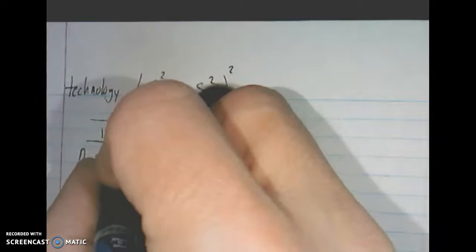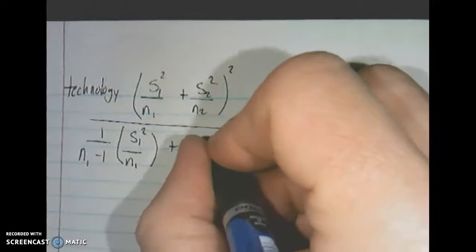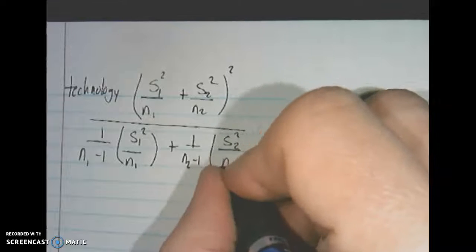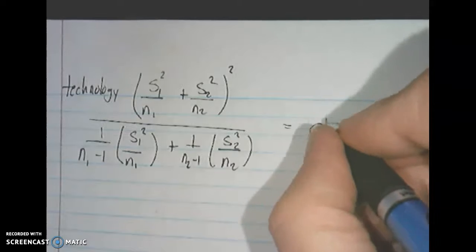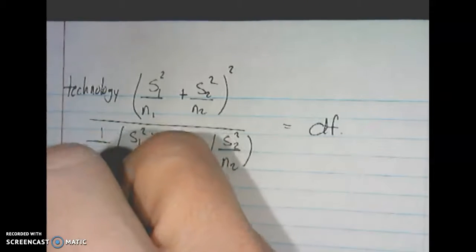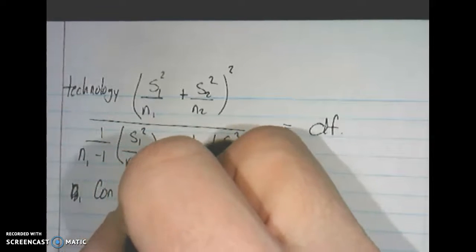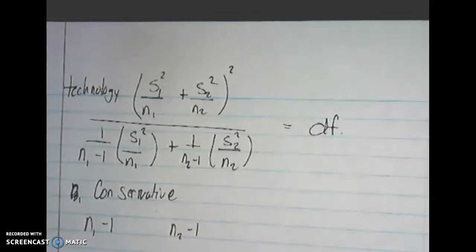Then 1 over n1 minus 1 times s1 squared over n1, squared, plus 1 over n2 minus 1 times s2 squared divided by n2, squared, is our degrees of freedom. Okay? Or we can go conservative: we'd go n1 minus 1, n2 minus 1, take the smaller, and that would be our degrees of freedom. Okay?